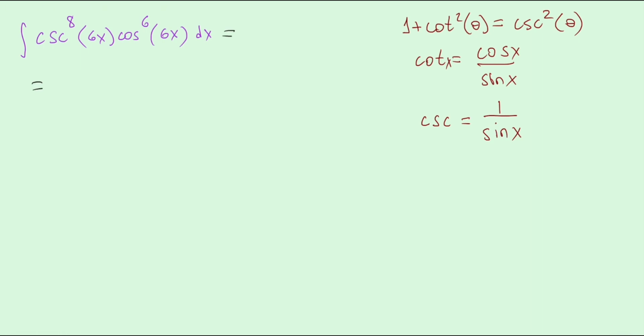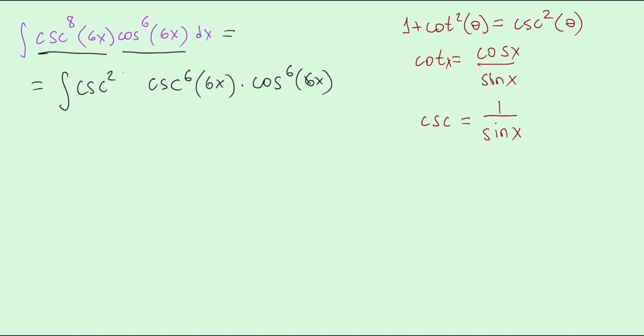What we could do is pull out a sine of 6x out of this equation so that we could turn this into cotangent. So what we'll do is pull out the cosecant of 6x to the 6th, multiply that by cosine of 6x, and then we're left with cosecant squared of 6x.